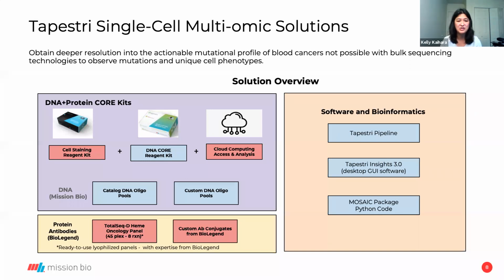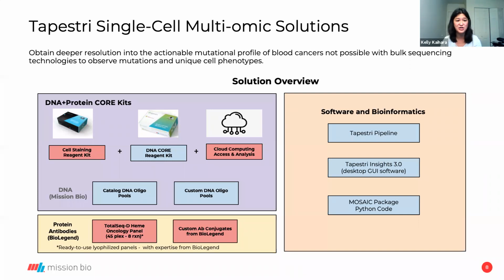And then again, we have a new cloud computing access and analysis solution, which is able to now do DNA plus protein together. If you're interested in DNA, so SNVs and CNVs, we have a number of catalog panels across hematology and solid tumor space, or we allow the ability with our Tapestry Designer software to customize those DNA panels and add targets of interest or subtract targets that you don't need.